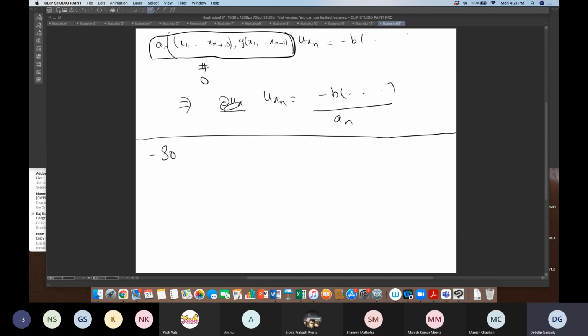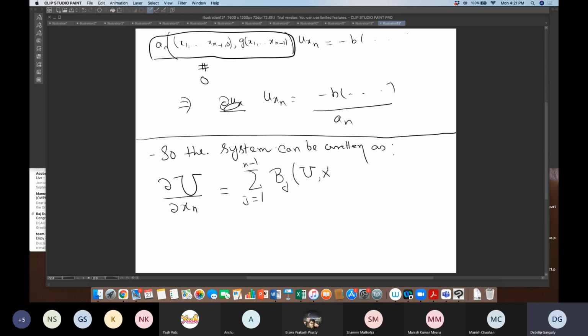So I can write the system as the following. So the system can be written as: this is the del u by del xn. You just check. This is summation j equal to 1 to n minus 1 of bj u x prime u xj, because I need this xn for everything, plus c u x prime, with mod x prime less than r, and u equal to 0, then mod x prime is less than r and xn equal to 0.